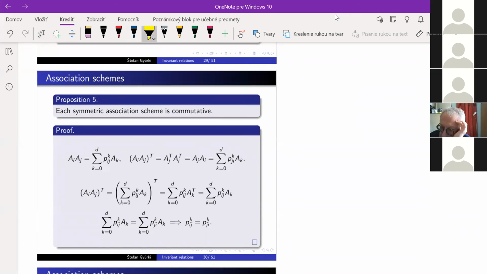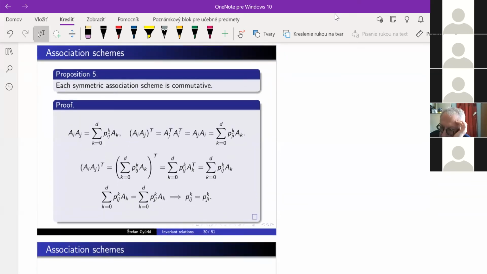Its proof is just a simple playing with matrix multiplication. So we can write the product A_i A_j as a linear combination using structure constants. Now, if we consider the transposition of this product, then from the transposition of multiplication, we obtain the first step.